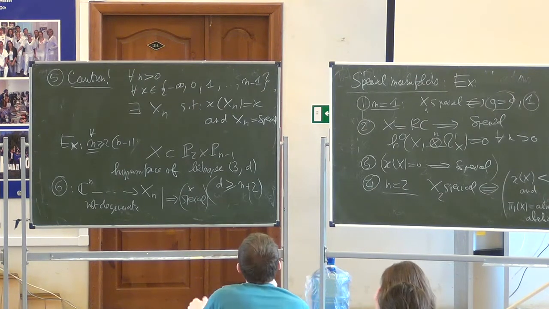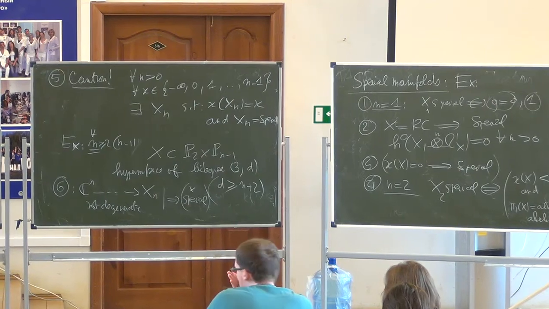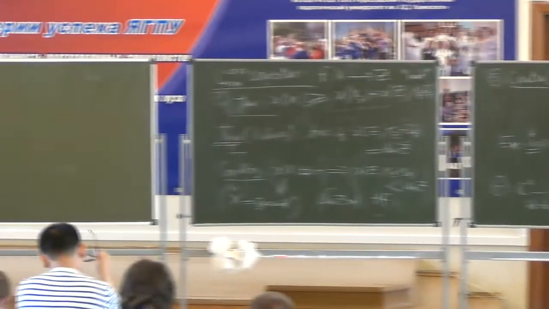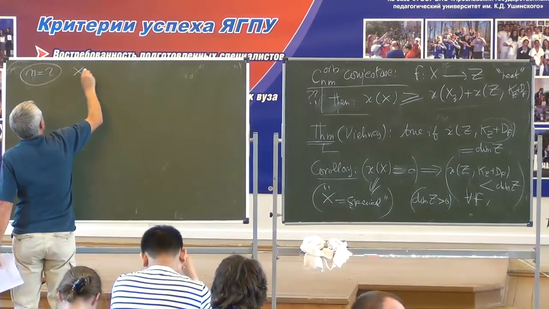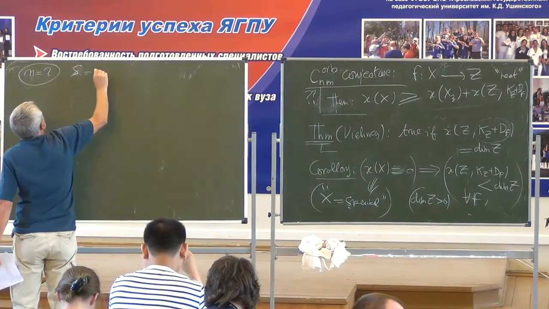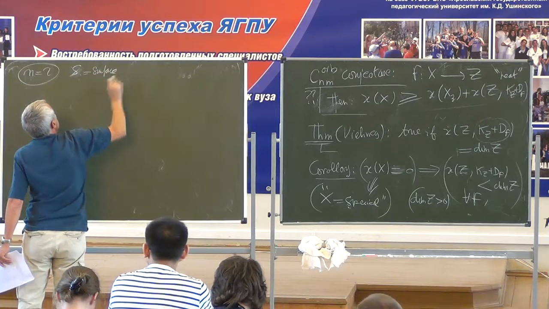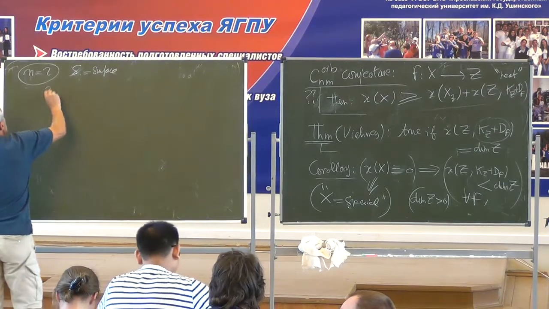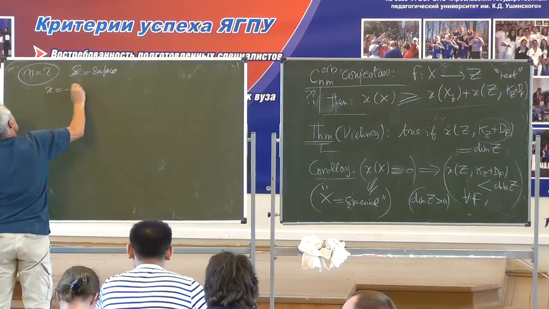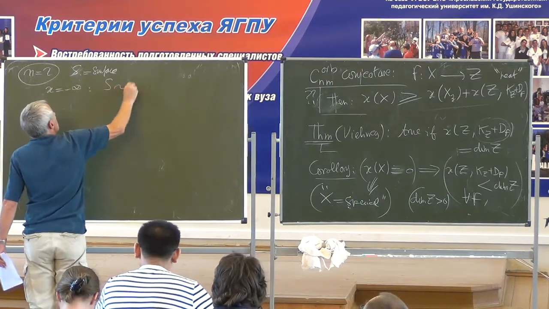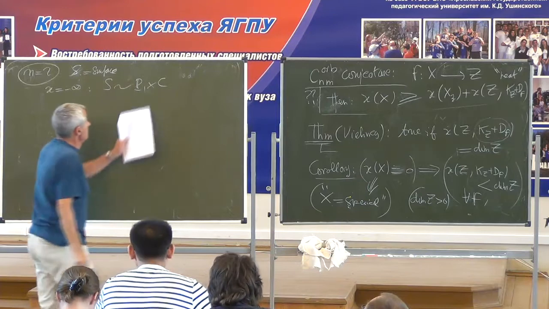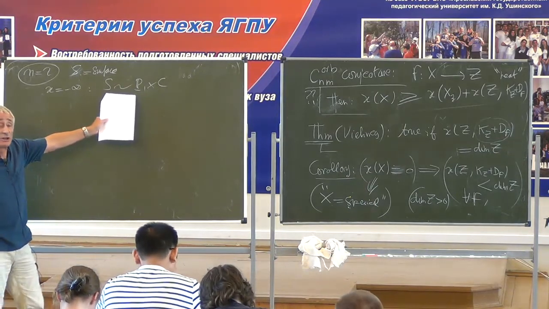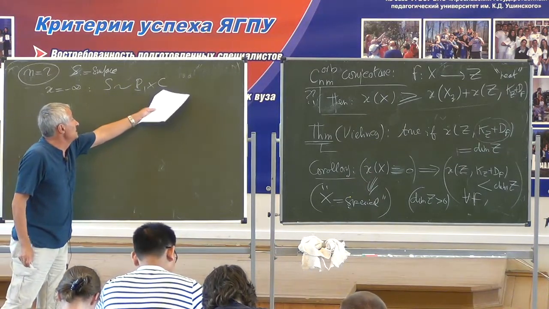Yes, for the case of n equal to 2, let me explain how one comes to this. So assume that we have X, which may be S, a smooth projective surface. If kappa is minus infinity, as we know, S is essentially P1 cross C, and C with a certain genus, so you have three possibilities essentially.